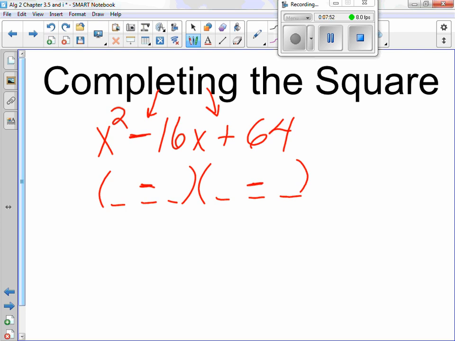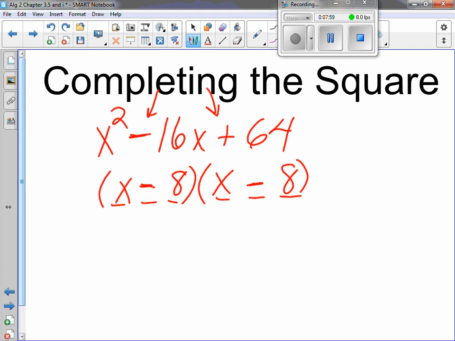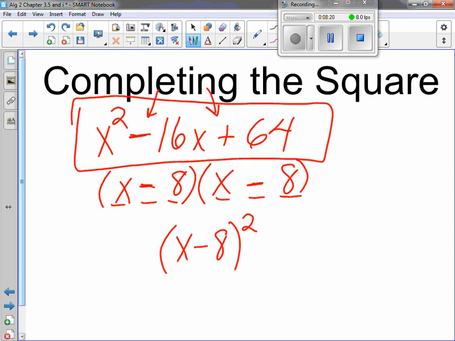What are the factors of x squared? It would be x and x. And the factors of 64 that would work for this would be 8 and 8. When I multiply something by itself, it's the same as squaring it, yes? So this 3-term polynomial, this trinomial, can be written as a set of parentheses squared, yes?